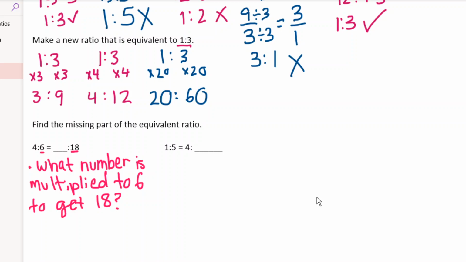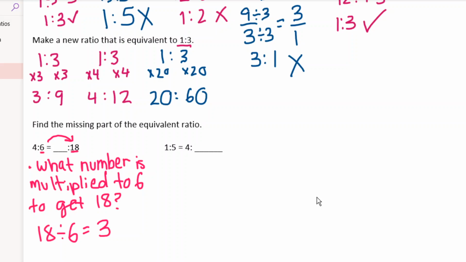Something was multiplied to 6 to create that equivalent ratio with an 18 in the spot where the 6 is. And what number is that? There's a few ways you could figure it out. You could be looking at a multiplication chart, finding 18, seeing what times 6 is 18. Or we could do 18 divided by 6. Either way, we're going to find out that that number is 3. Right? So 3 is that number.